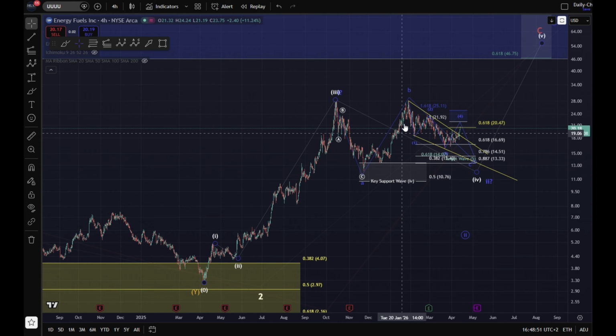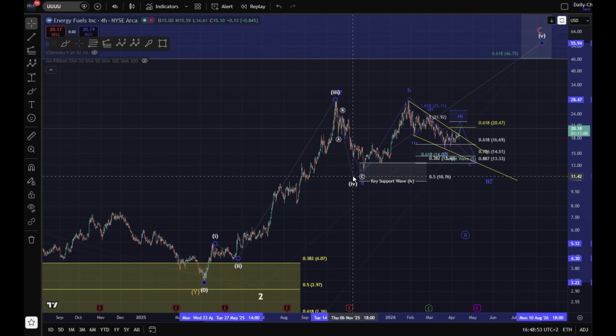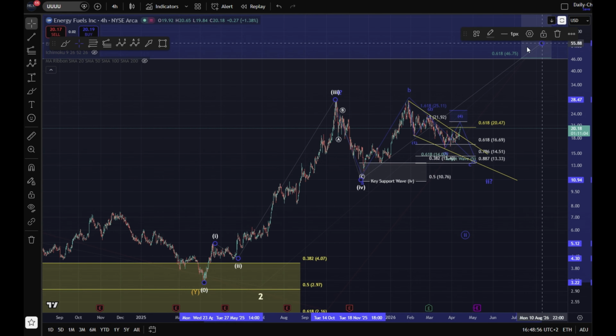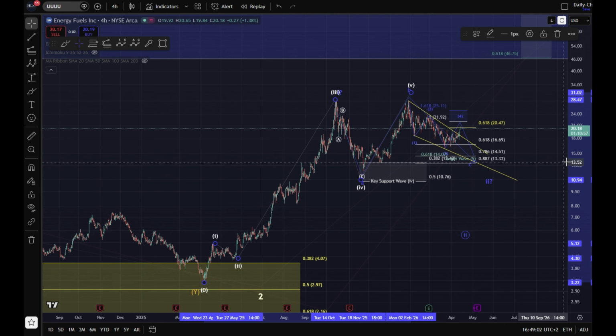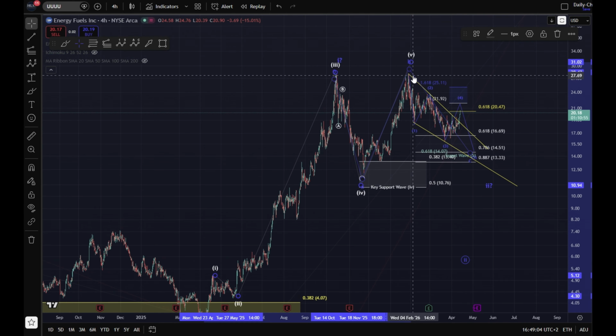I mean, we could have already bottomed here in the wave 4, and we got not really clear wave 5, and we slightly broke above the wave 3.